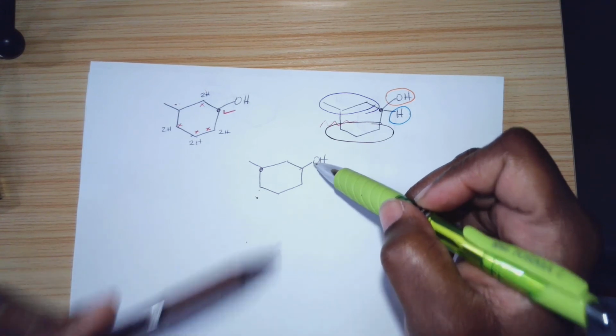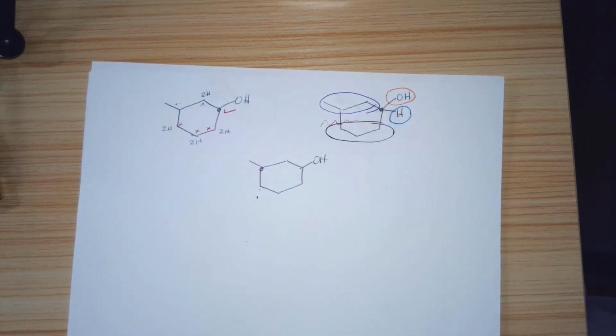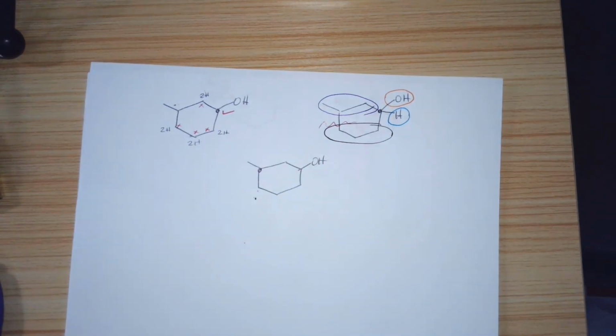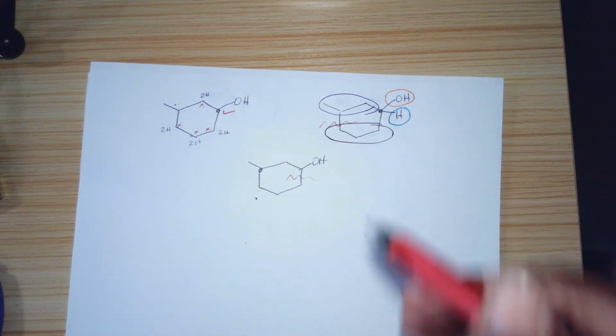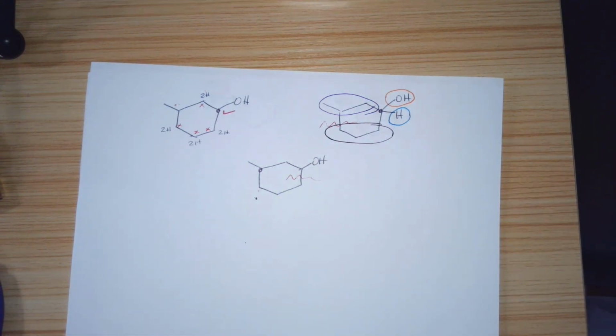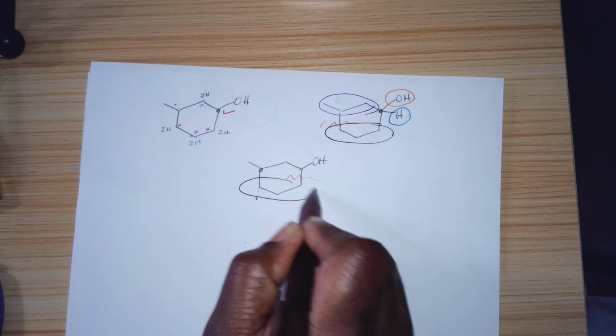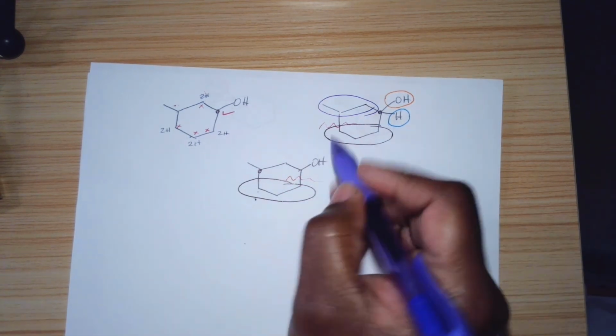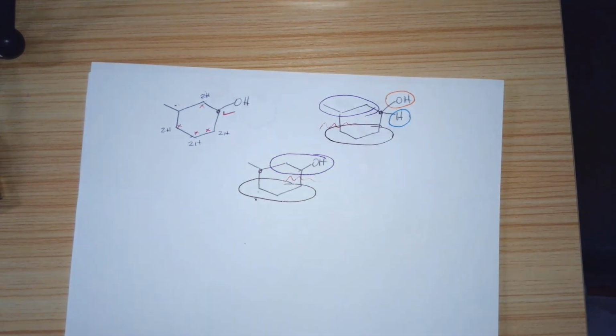Because of that, we can treat the ring as 2 different groups. Again, we're imagining that this ring is split to allow us to count it as 2. So we have this bottom group, we have this top group.